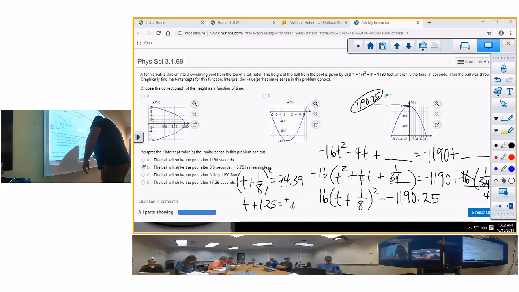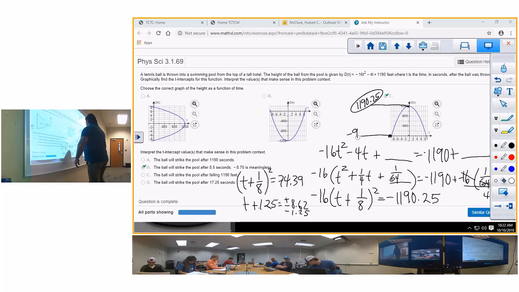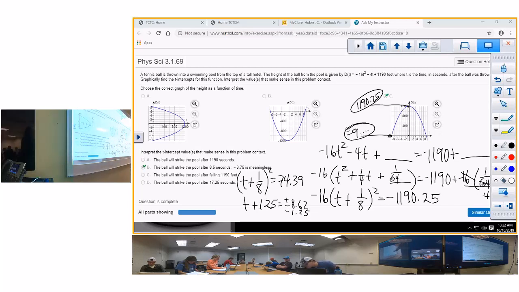8.62, and that's going to be minus 0.125. One of them is going to be negative. That's going to be negative 9 something, so I'm just going to put negative 9 dot dot dot. And then let's see, what's 8.62 minus 1.25?